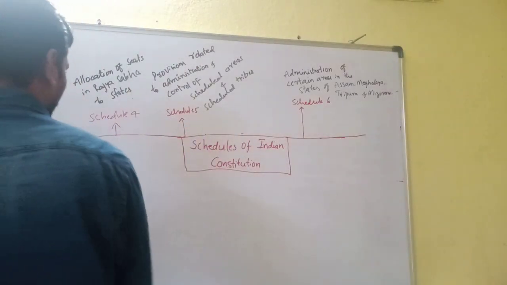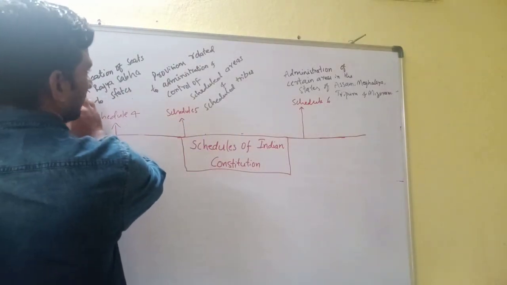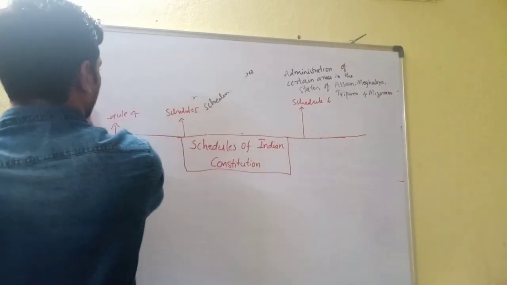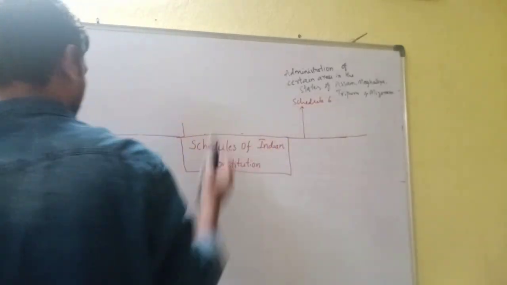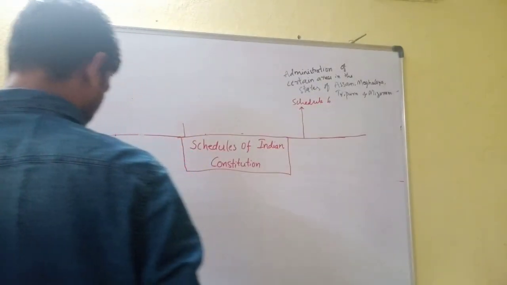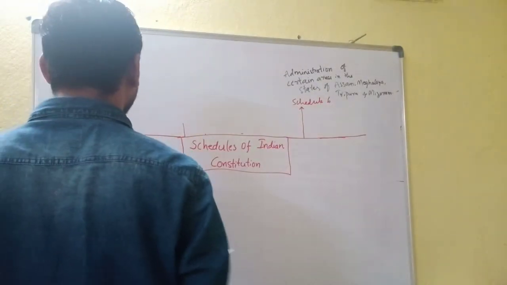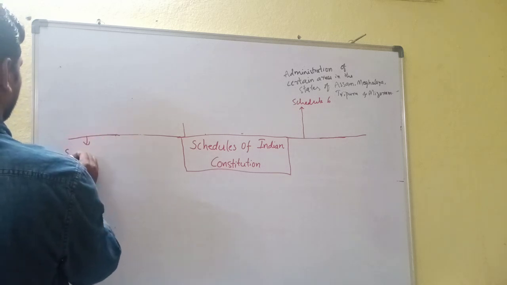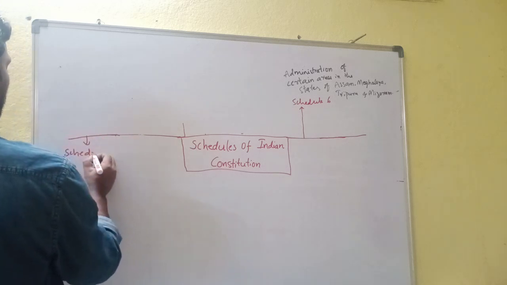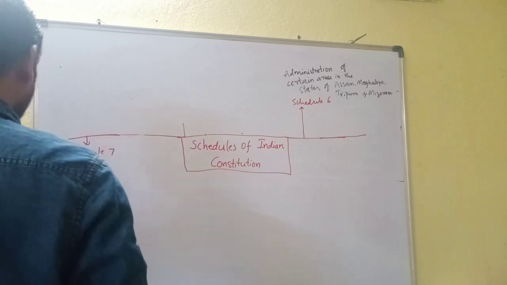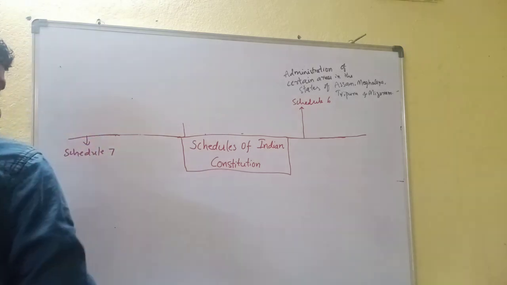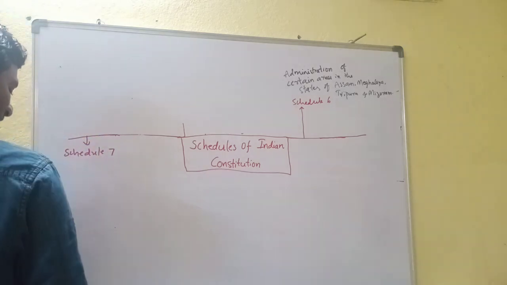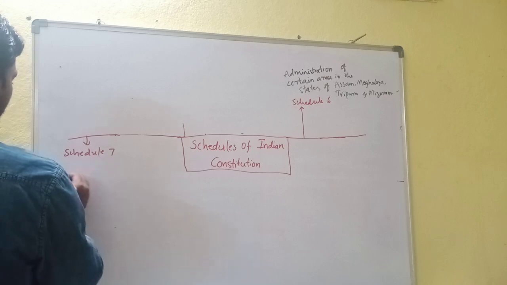On the lower side we can start from the 7th schedule. Seventh schedule is about the division of powers between union and states.